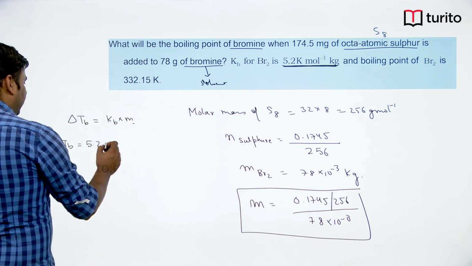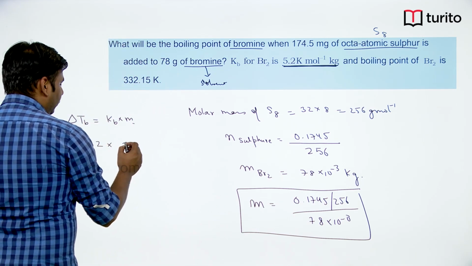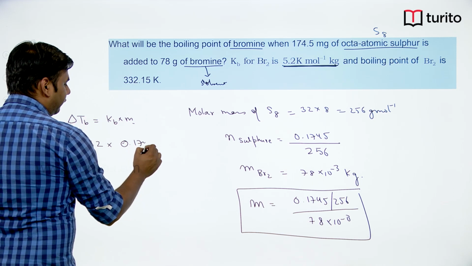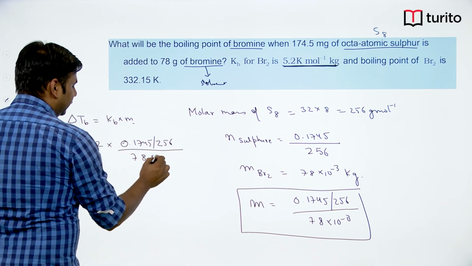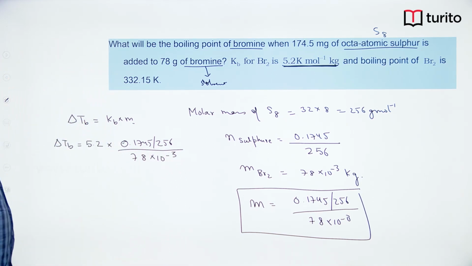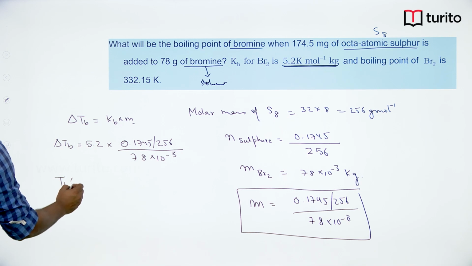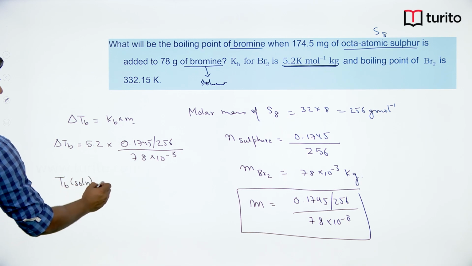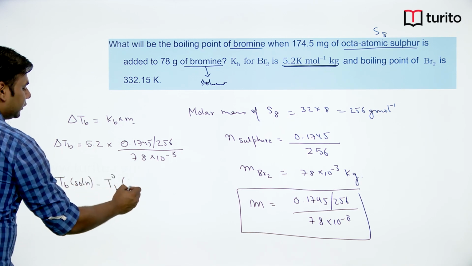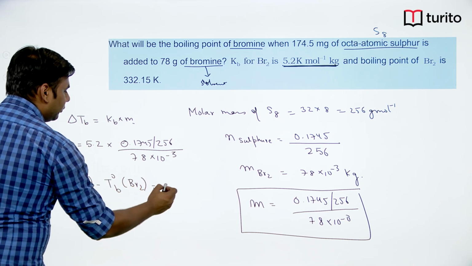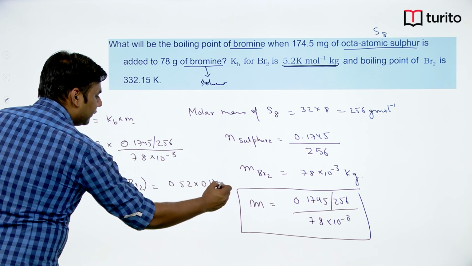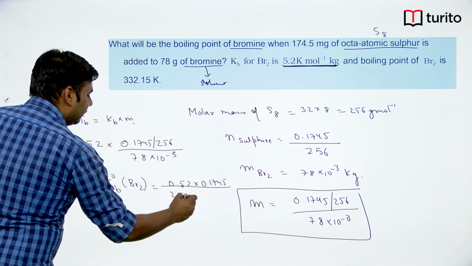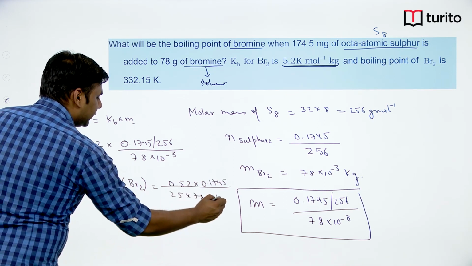So this would be Kb into molality. Molality we know is 0.1745 upon 256 divided by 78 into 10 raised to minus 3. So this would be the elevation in boiling point. Elevation in boiling point is the boiling point of the solution minus the boiling point of the pure solvent, which is bromine in this case. This would be 0.52 into 0.1745 divided by 256 into 78 into 10 raised to minus 3.